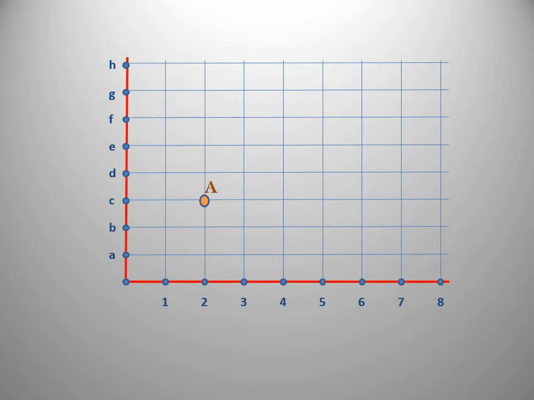So this chair will be 2C. First, I determine the horizontal number, then the vertical number. So it will be 2C. And I put these two numbers, 2 and C, into brackets. So I have something called an ordered pair.